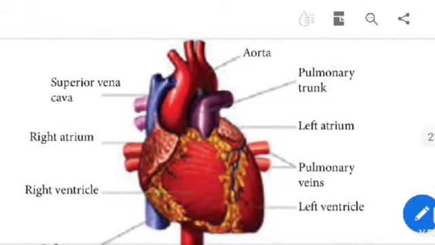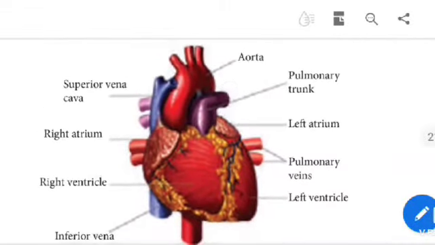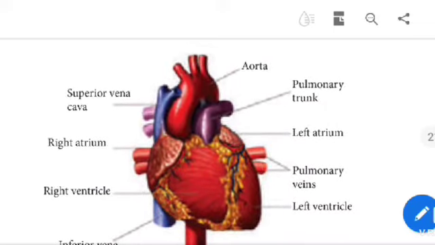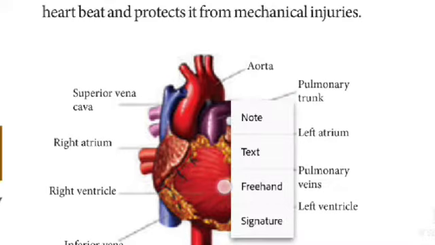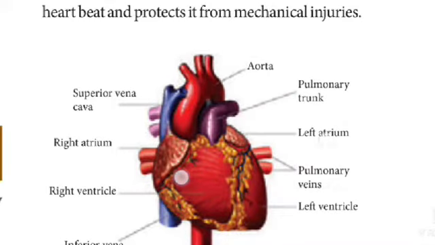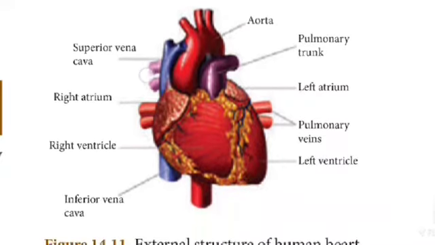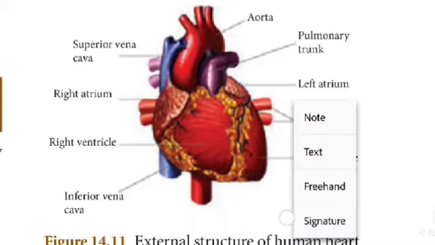See the external structure of the human heart: superior vena cava, right atrium, right ventricle, aorta, pulmonary trunk, left atrium, pulmonary veins, left ventricle, inferior vena cava.